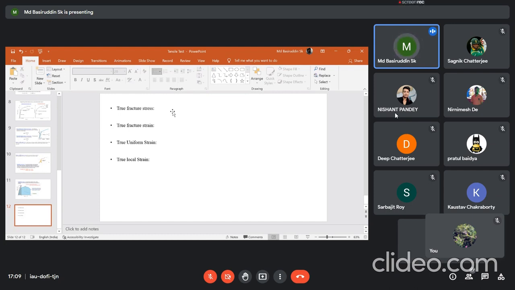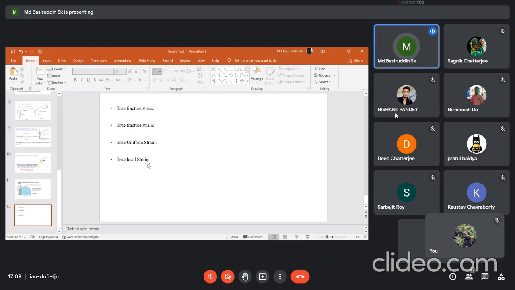Then the true uniform strain you can also calculate. In order to calculate that, the equation would be ln A0 by AU. That means you need to find out the cross-sectional area before the necking, or when the necking just starts.